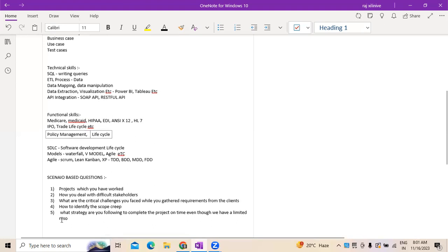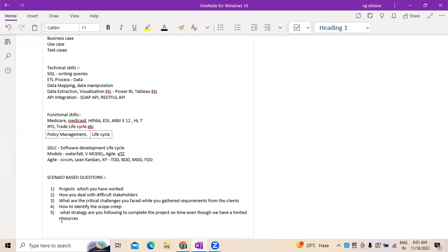Sometimes the resources are limited, but the project has to be completed within the stipulated time, right? So what kind of strategy are we going to make out of it? This is all something relating to scenario-based questions, where you need to provide answers.